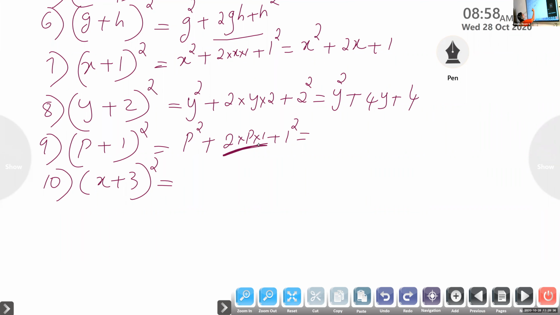P into 1 is 2p. So p square plus 2p plus 1.